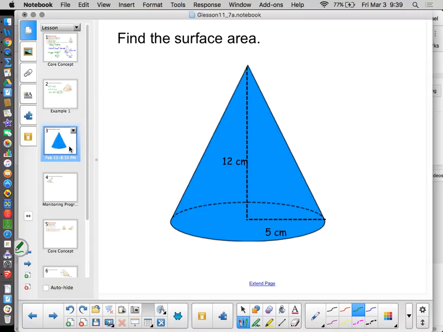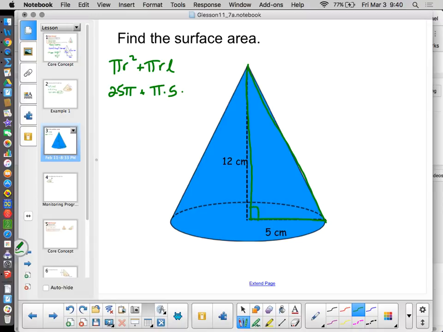But what if I don't give you the slant height? What if I give you the height instead? Well, we're going to have to use the Pythagorean theorem to find the slant height now, aren't we? So we're going to have to solve our right triangle. The surface area is still going to be pi r squared plus pi r l. I know the radius is 5, so this is going to be 25 pi, because 5 squared is 25, plus pi times 5 times we need to find that slant height.